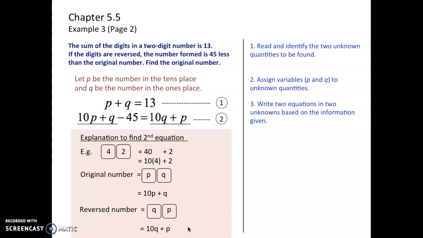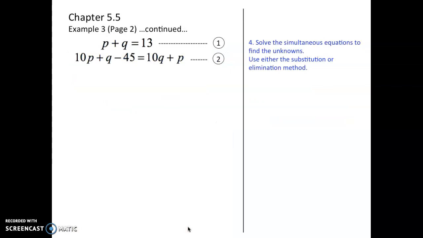Alright, so now that we have two equations, we're going to try and solve this simultaneously using either the substitution or elimination method once again. In my case, I'm going to use the substitution method in this question.